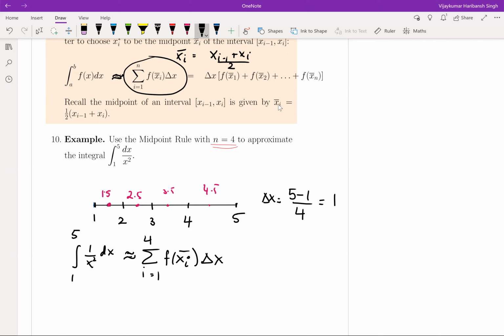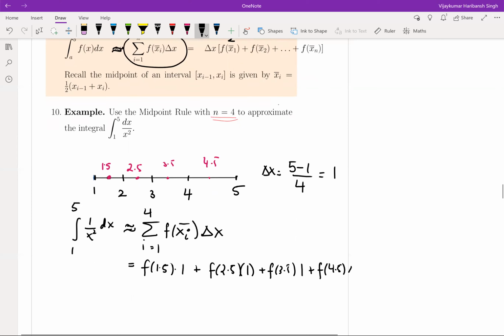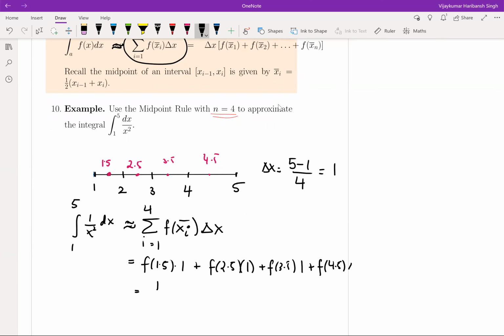Yeah, it's a big approximation, all right? So this is going to be f of, what is the midpoint of the first interval? f of 1.5 times delta x, which is 1. f of 2.5 times delta x, which is 1. f of 3.5 times delta x, which is 1. f of 4.5 times delta x, which is 1. So this is going to be equal to, what is the function? The function f of x is 1 by x squared.